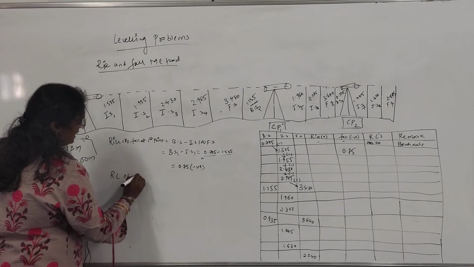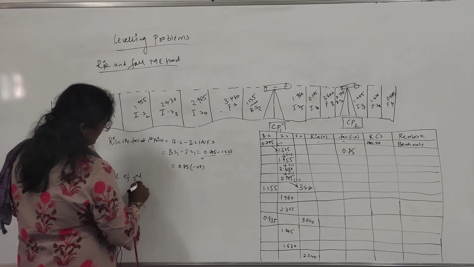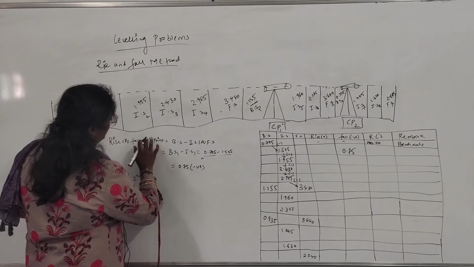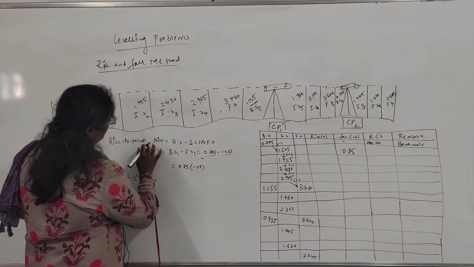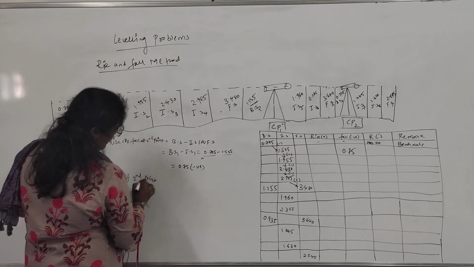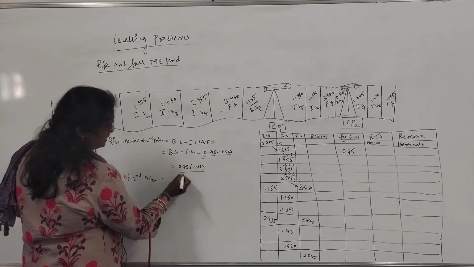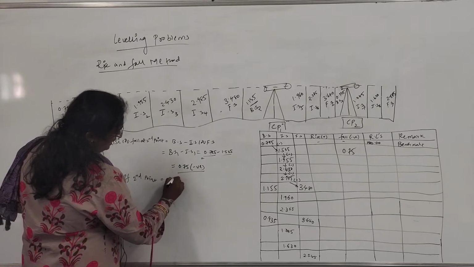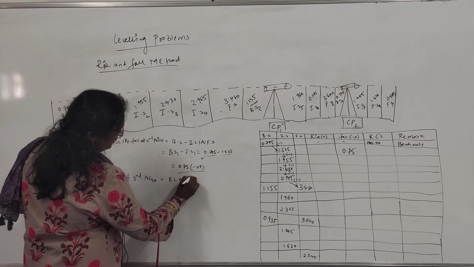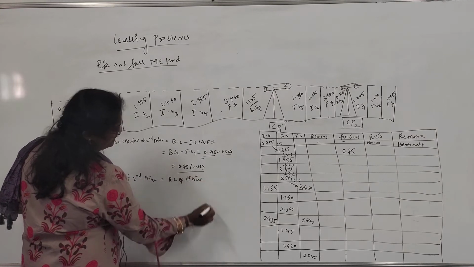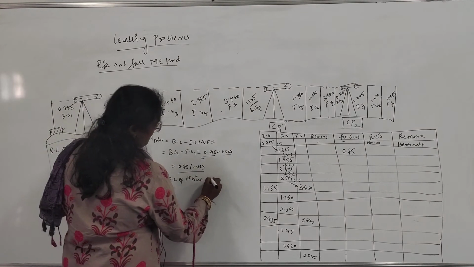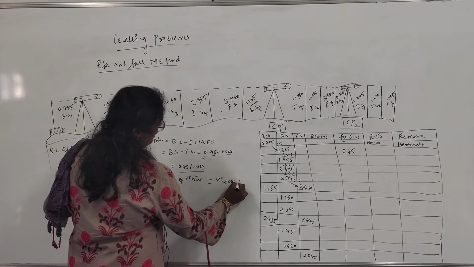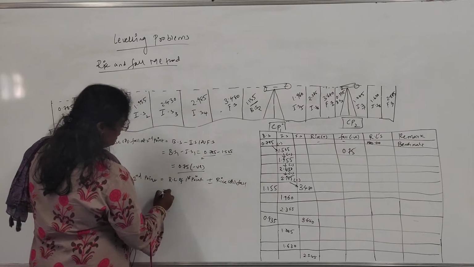Next we need to find the RL of the second point, the rise or fall at the second point, RL at the second station, as it is negative, right? RL of the first point means that will be the benchmark. Here plus or minus rise or fall. Here we got the fall.